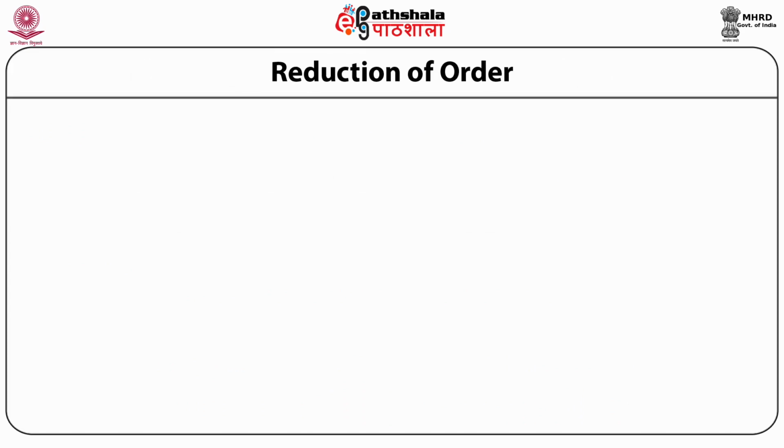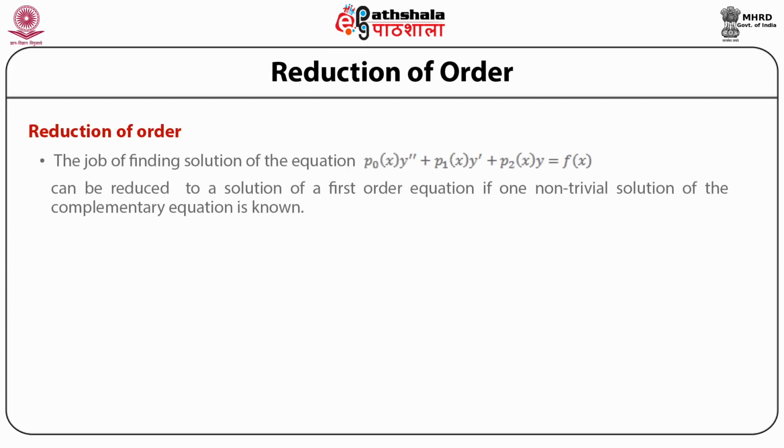Now we will study the method of reduction of order of differential equation. This job of finding a solution to the general second order inhomogeneous equation given by p naught x times the double derivative of y plus p1(x) times the first derivative of y plus p2(x) y is equal to f of x can be reduced to a solution of first order equation if one non-trivial solution y1 of the complementary equation is known.